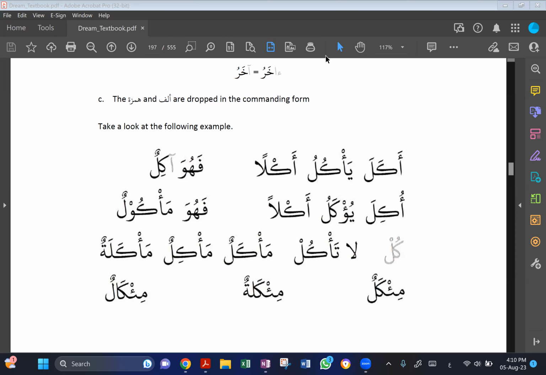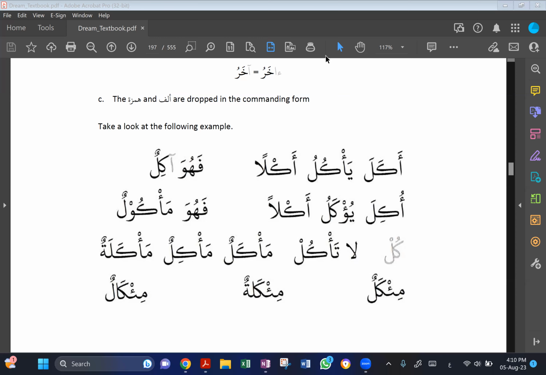Next we go back to Saima. You get the tough one again. I'll try. Alright. Okay. Yu'kalu, yu'kalani, yu'kaluna. Tu'kalu, tu'kalani, yu'kalna.